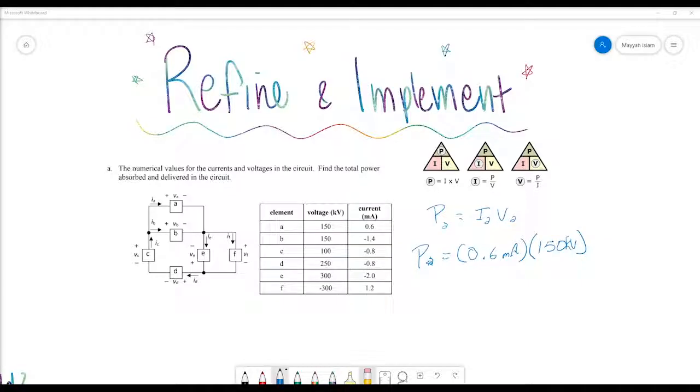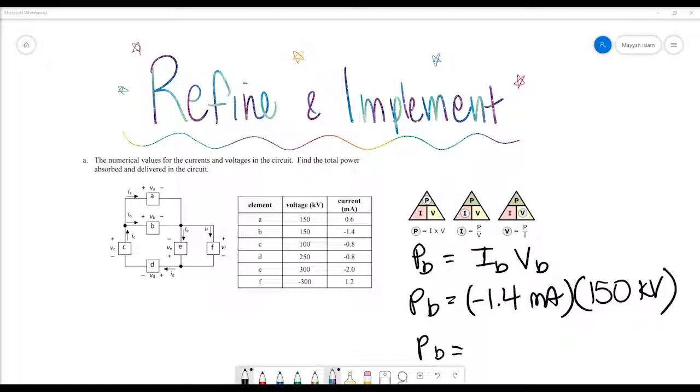To find the total power absorbed or delivered in element A, you will multiply the current of A times the voltage of A, which would be 0.6 milliamps times 150 kilovolts. This should give you that element A absorbs 90 watts. For device B, we're just going to plug in the amps and the voltage. This will give us a final answer of 210 watts.